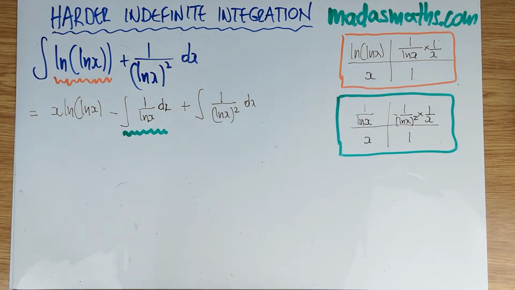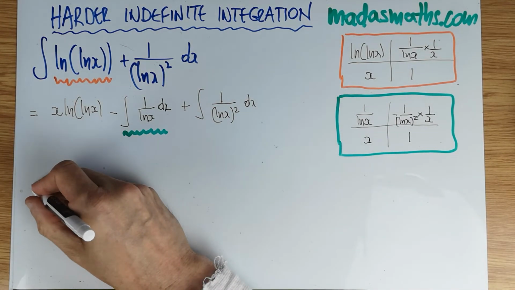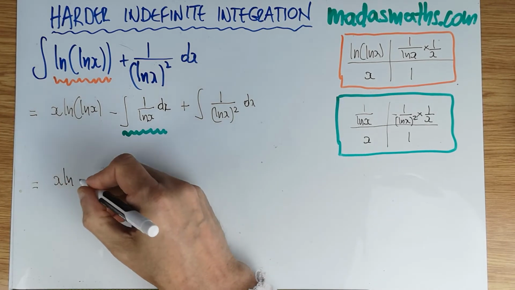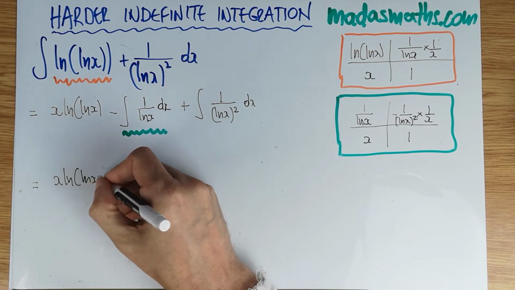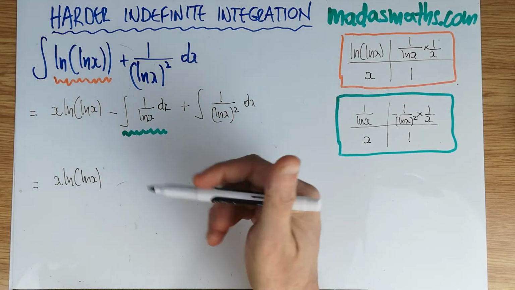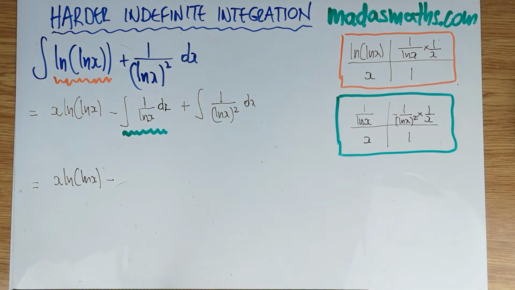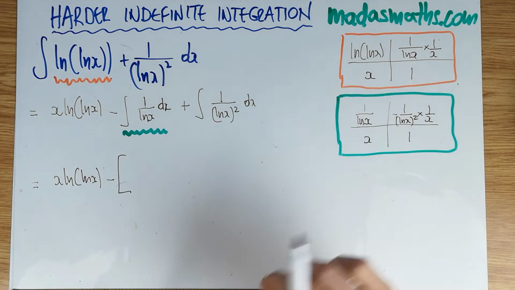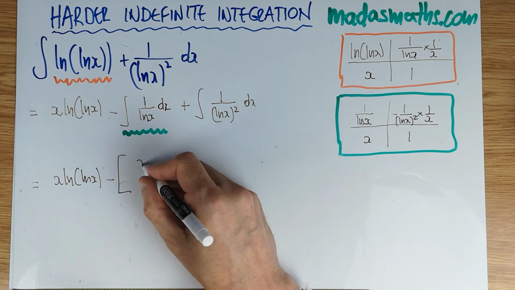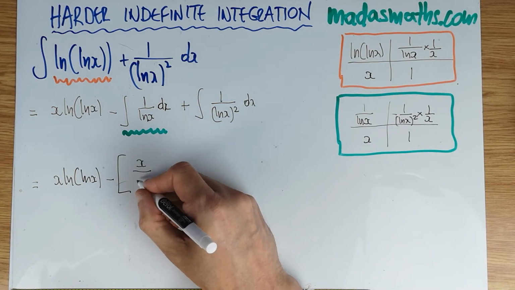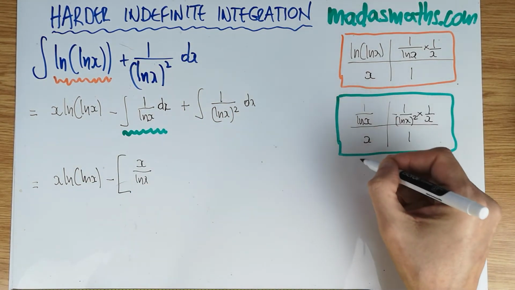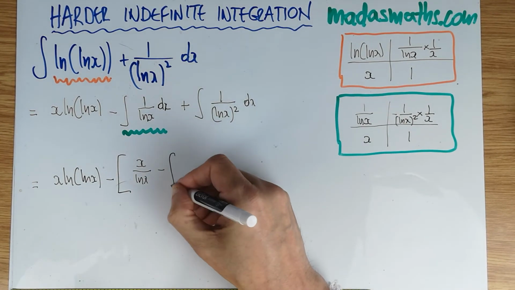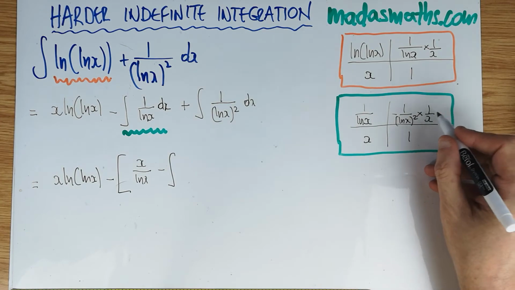The question is to make sure that the signs are all good and they do work. So with a bit of luck, this will just clear out on the next line. So that's that being copied, minus, now I'm going to use a bracket, and I'm going to write there the integration by parts. So it's going to be x over the log of x, the product of this column, minus the integral of the product of this diagonal.